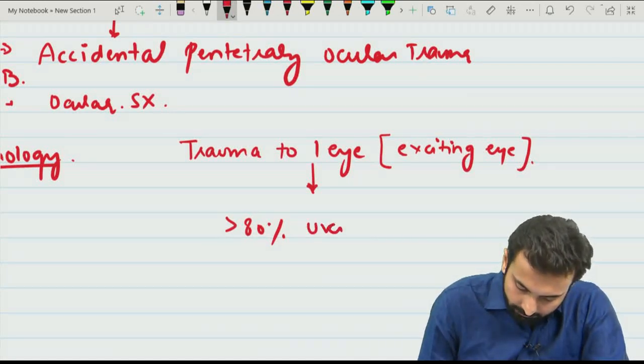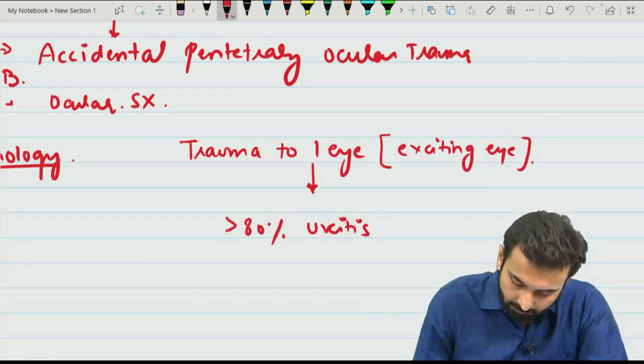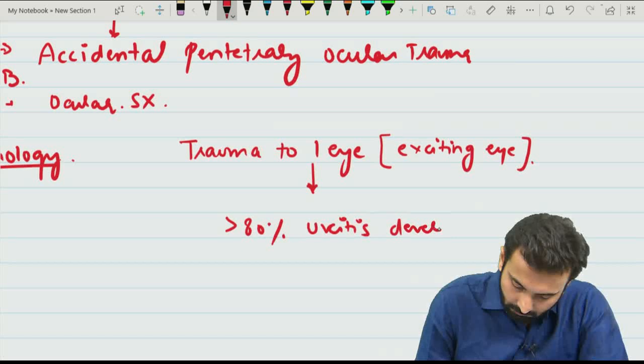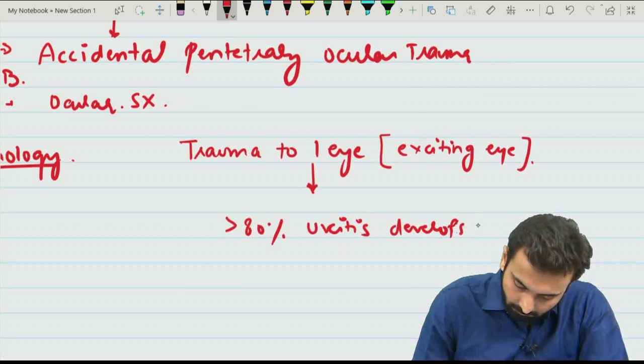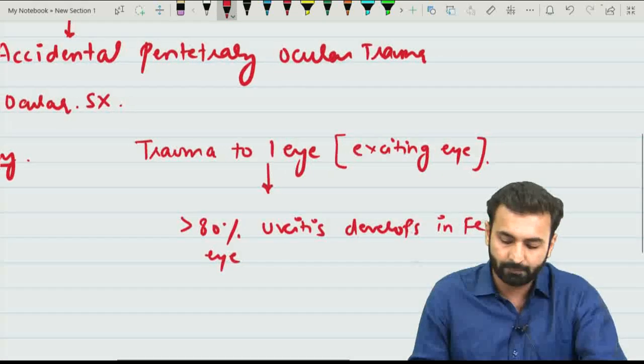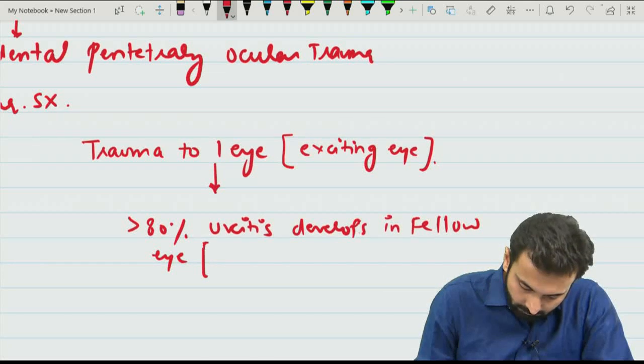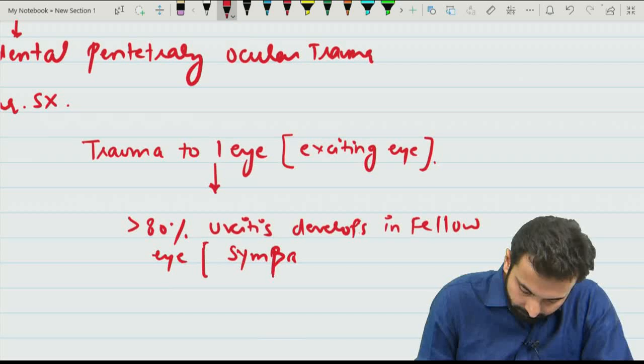In more than 80% of the cases, uveitis develops in the other eye, or the fellow eye. This fellow eye is called the sympathizing eye.